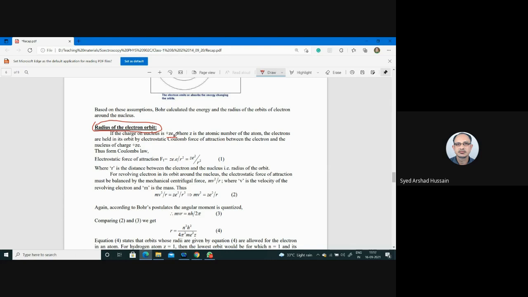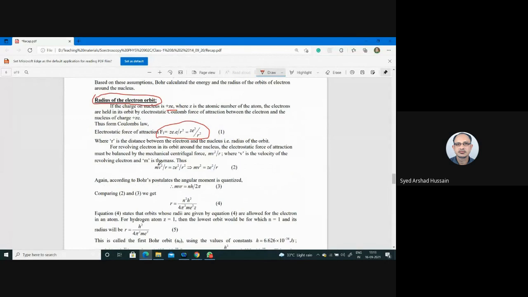So using Coulomb's law, one can get the electrostatic force of interaction between an electron in a particular orbit and the nucleus, that is Ze² by r². This is the force of attraction of a specific electron in an orbit with the nucleus, where r is the distance of the orbit from the nucleus where the electron is lying.